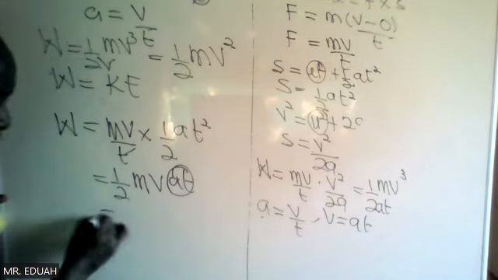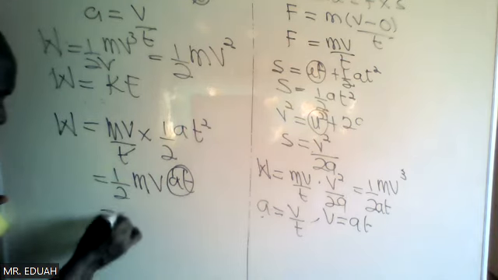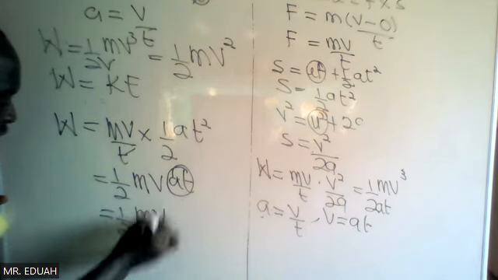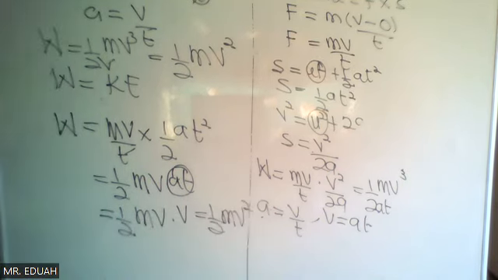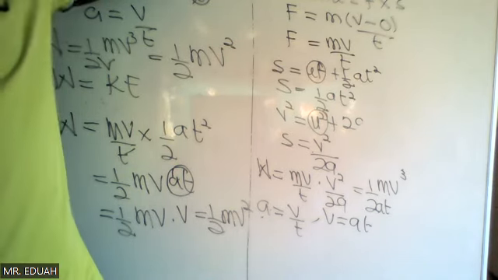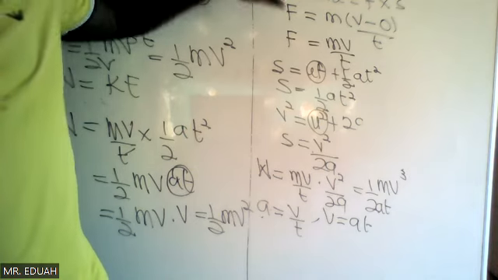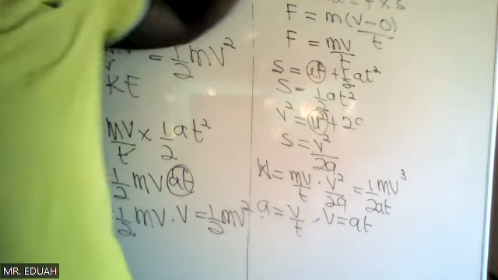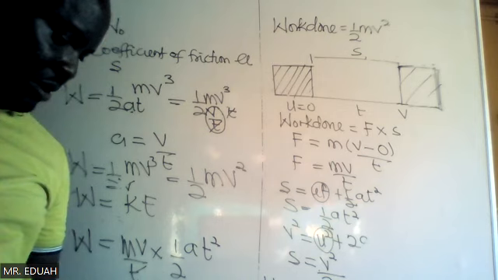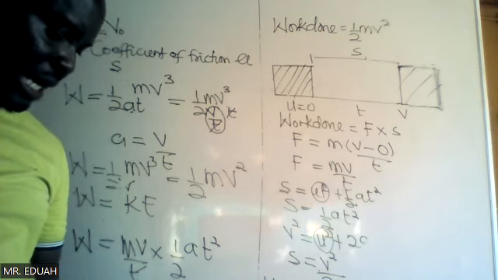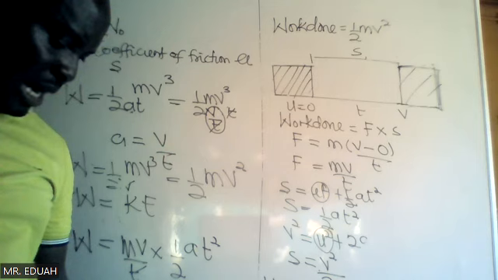So we can substitute v for at to get half mv times v, which is half mv squared. All that I'm trying to say is that the work done in moving a body of initial velocity 0 from one point to another point is the kinetic energy. So over here, all that you are looking for is the kinetic energy.